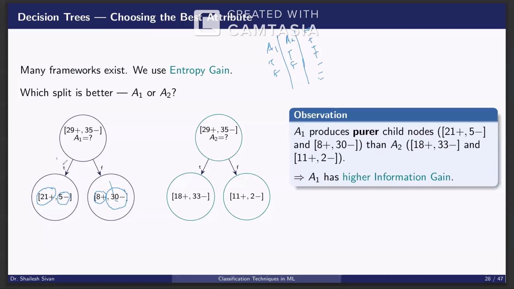So true almost indicates the positive class, and false almost indicates the negative class. A1 equal to true means the probability of the positive class is high, and A1 equal to false means the probability of the negative class is high. But can we say the same thing here?